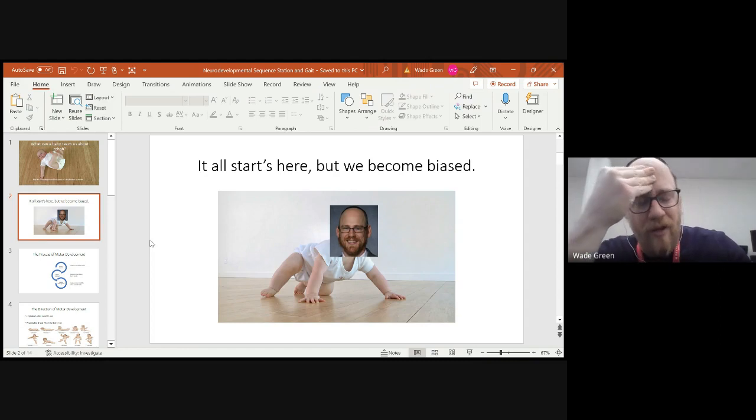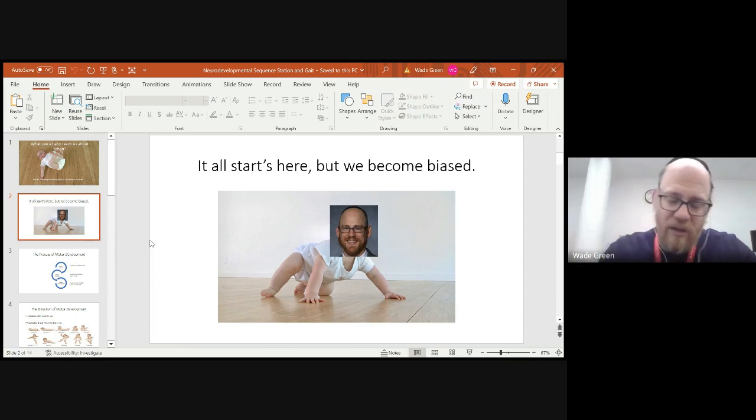We start developing substitution patterns in the way that we move, and that compromises not only our ability to retain stability through the core, but also the way we govern mobility and balance can change over time, particularly as we develop muscular imbalances and preferences for the way that we move.